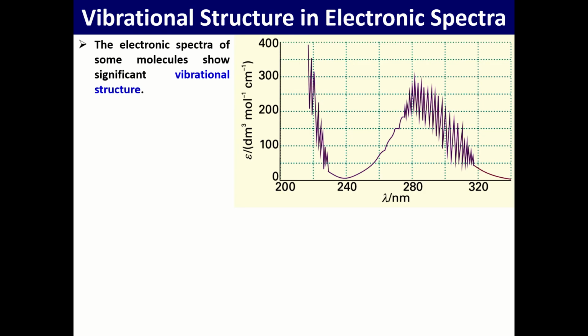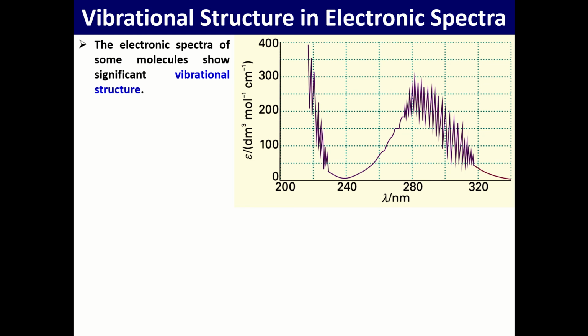Now we are going to look into the finer details of the electronic spectra. When we were discussing vibrational spectra we saw rotational fine structures, because some rotational excitation also occurs. Here, when the ground state is excited electronically, a specific vibration will be excited, there might be excitation from 0 to 1.